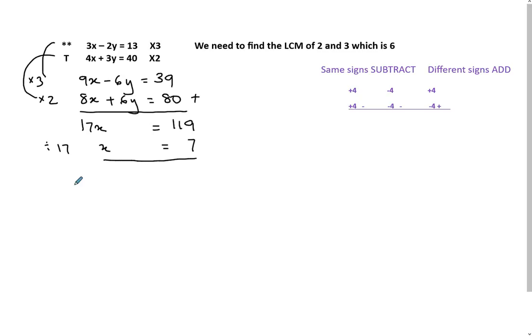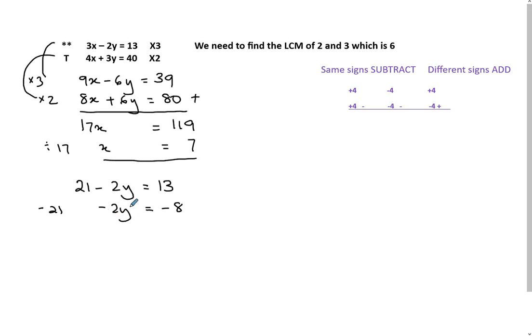Okay, let's go solve our y in the first equation. So you've got 3 times 7 is 21, minus 2y equals 13. You minus your 21, and we've got a minus 2y, but don't let that scare you. We'll handle it. 13 minus 21 is minus 8.